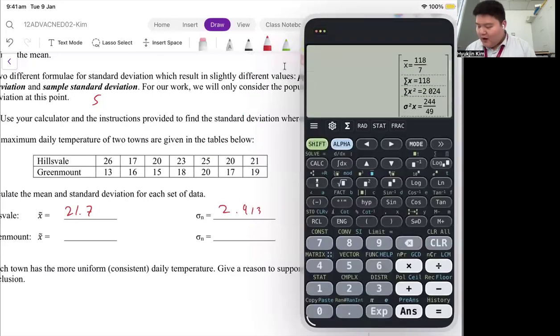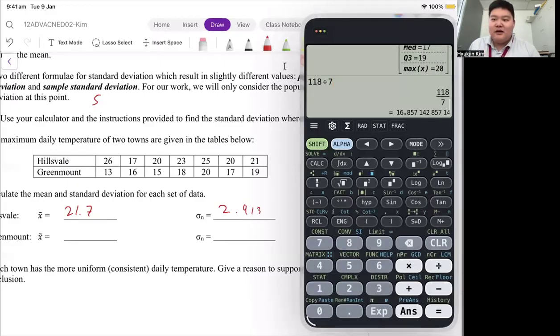There we go. 118.07. That's like what? 15.4 or something? What? I am stupid. Can't believe I'd make such a mistake.